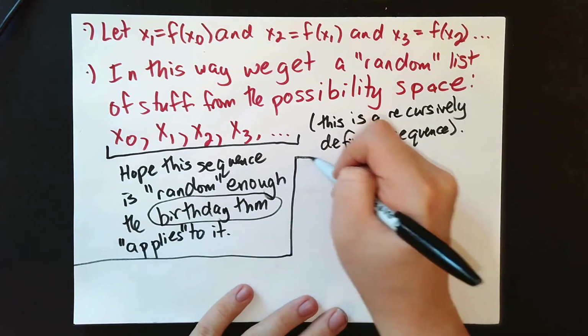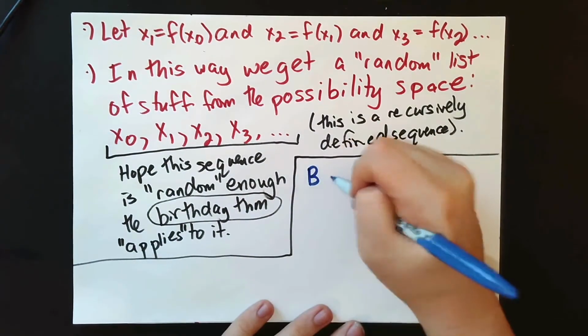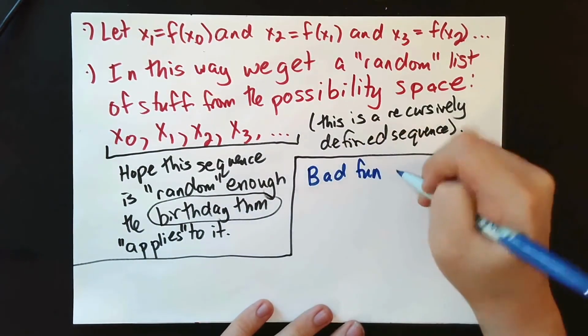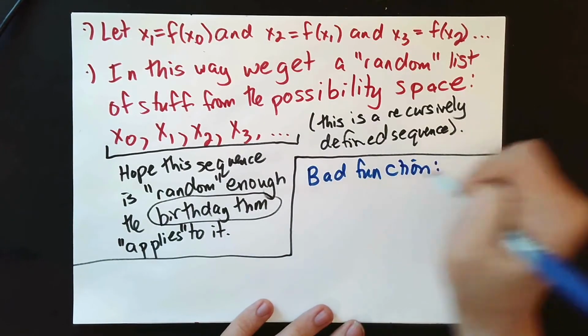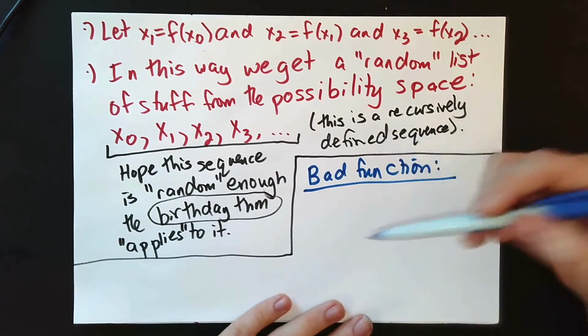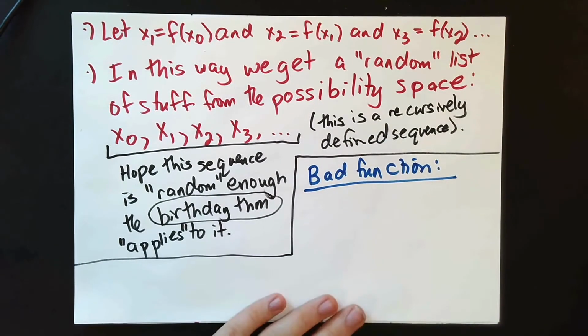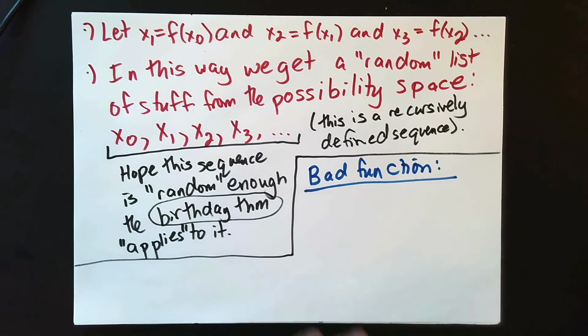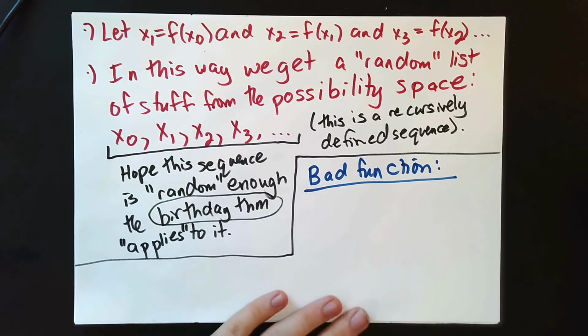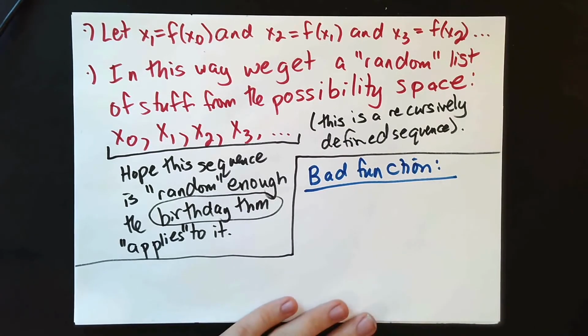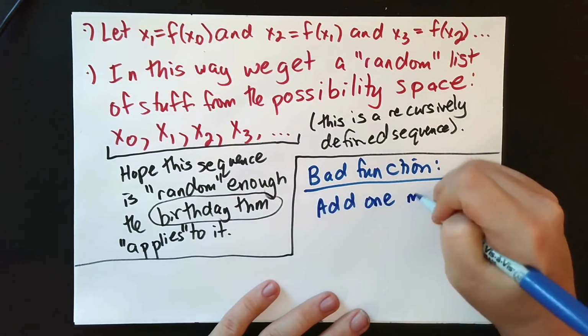Before I go on and talk more about this, I want to give you an example of a function that is not random enough. So let's imagine I'm working with the numbers from, say, 0 to 999. There's lots of functions I could think of there. Most of them are going to involve operations mod 1000, and it's perfectly fine to use operations mod 1000. So you might think of something like add 1 mod 1000.